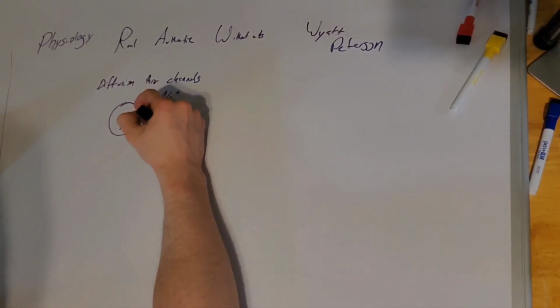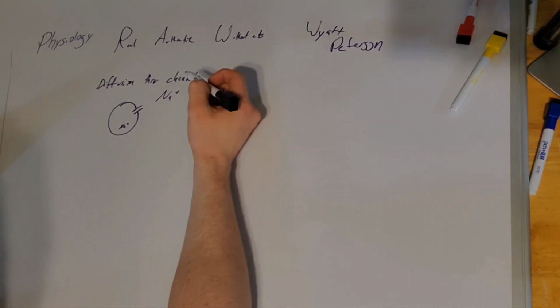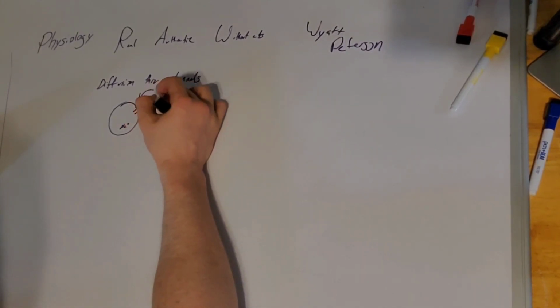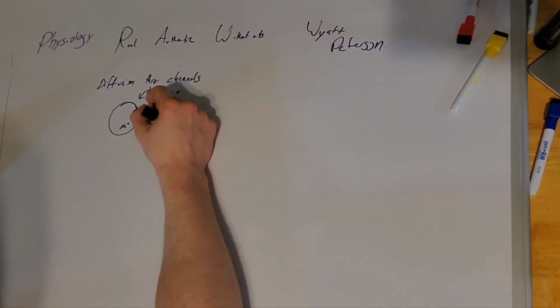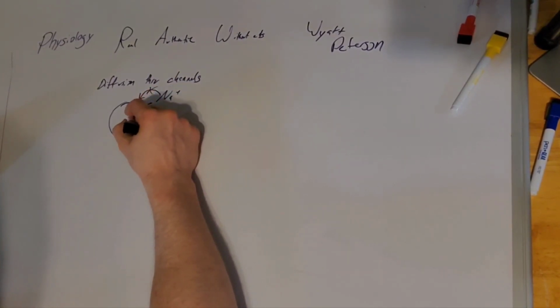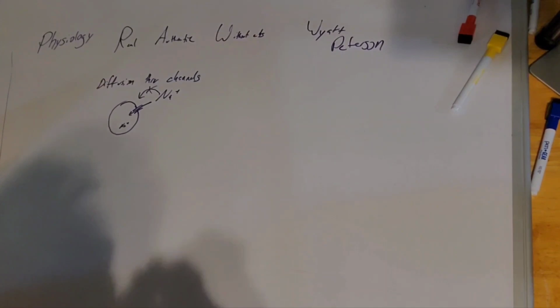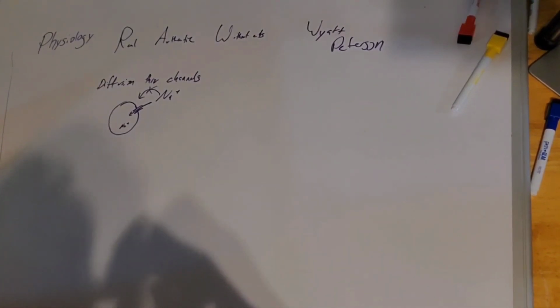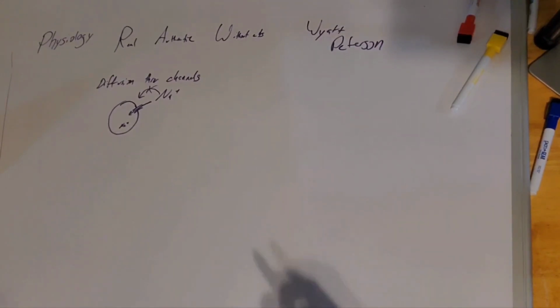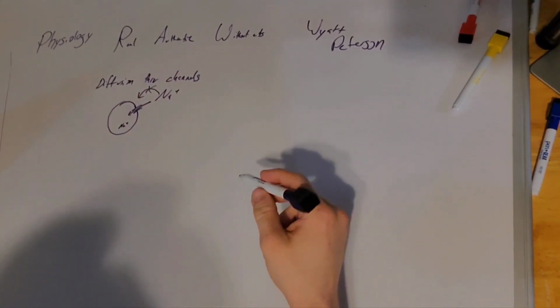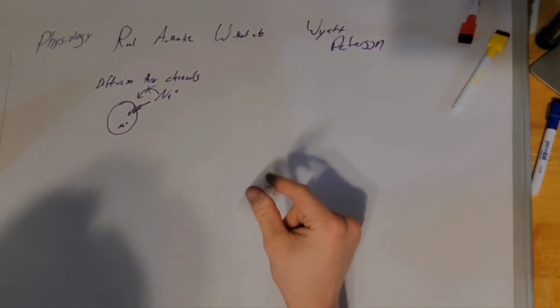So diffusion through channels, we got a little protein channel, because usually sodium is impermeable to the cell, so it can't go that way. So when a channel's open, it'll go through here, and it'll be able to get into the cell and pursue that equilibrium, get equal concentration gradients. Because they always want to go down their concentration gradients.